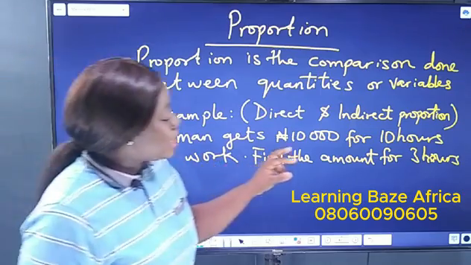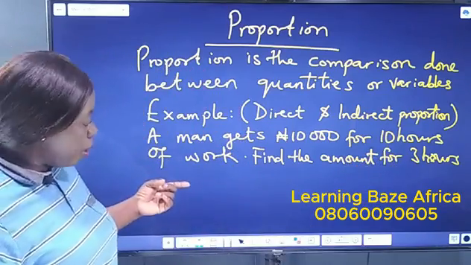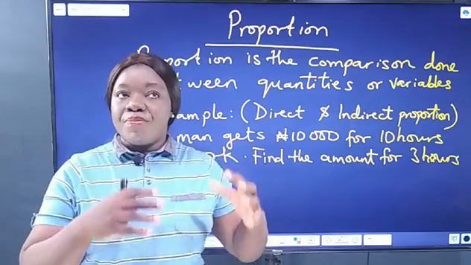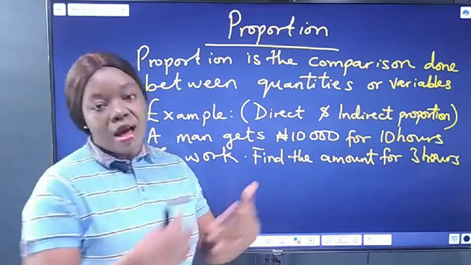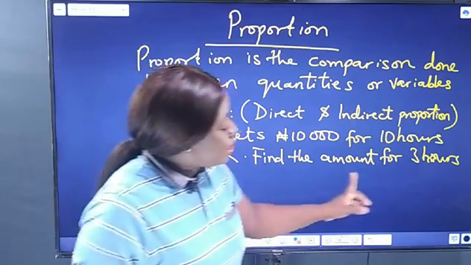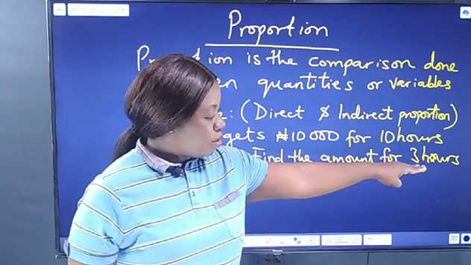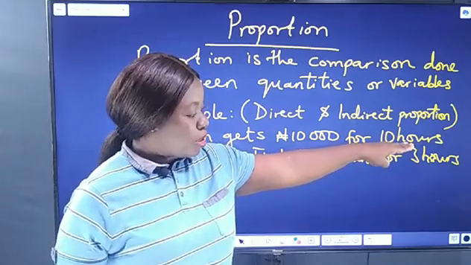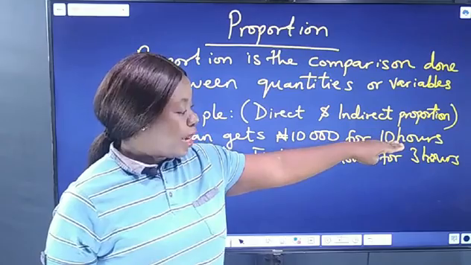A man gets 10,000 naira for 10 hours of work. Because the man worked for 10 hours, he got 10,000 naira. Find the amount for 3 hours. 3 hours, 10 hours. He's working less here. He's working more here.